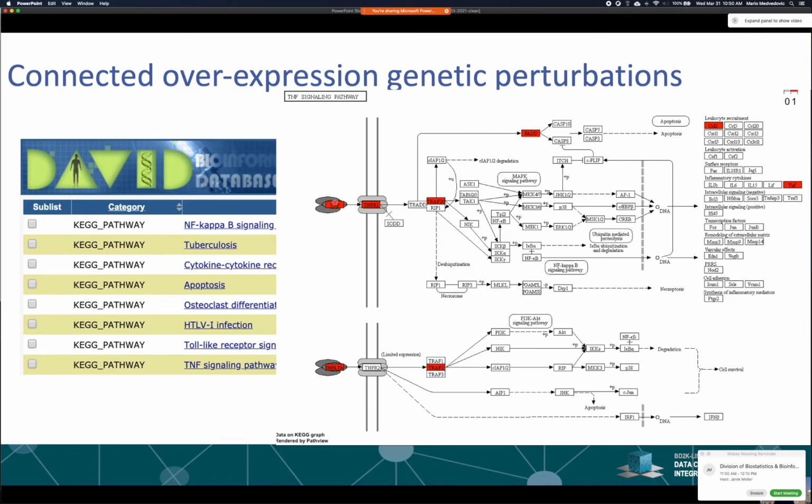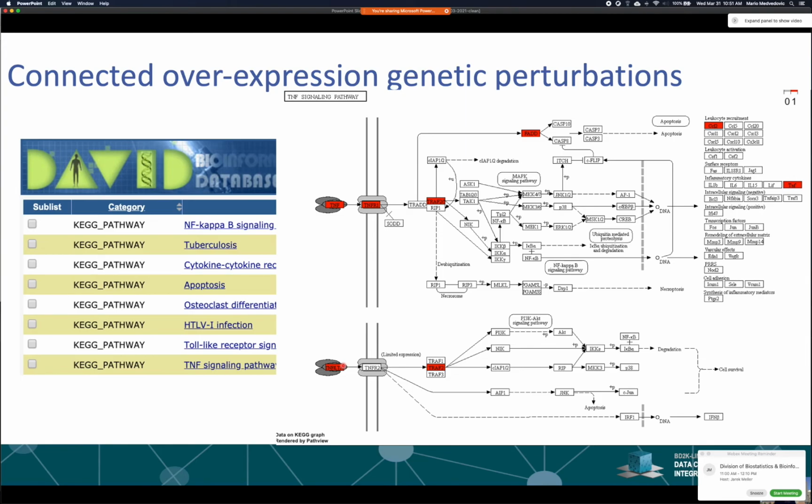So you can think of activation or overexpression of any of these genes or proteins as something that can lead to a similar type of effect that we observed by treatment with these nanomaterials, which gives you more of a mechanistic interpretation of these signatures.